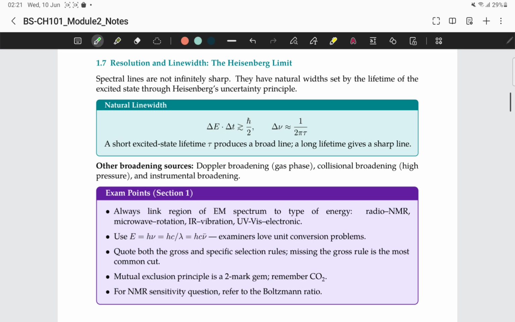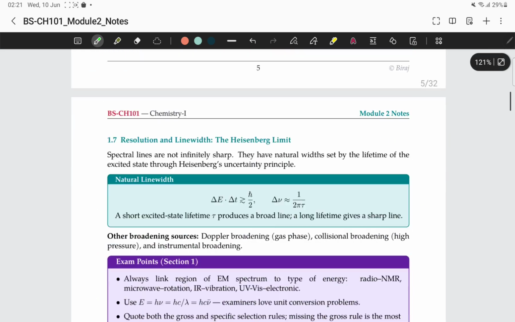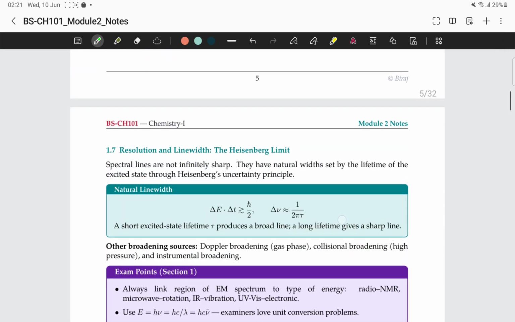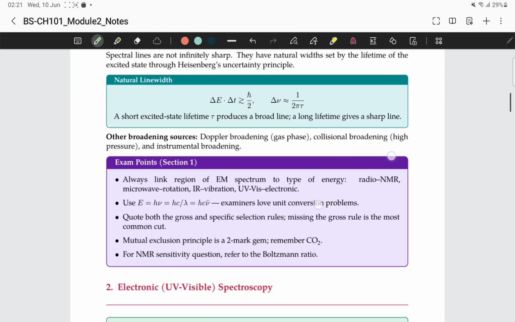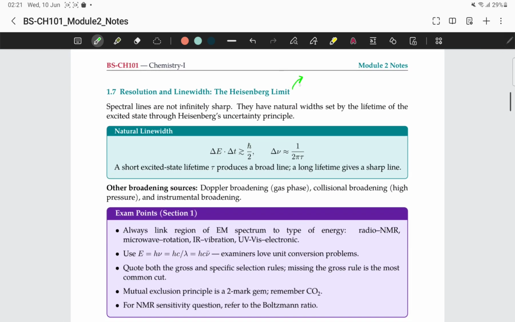If you want, I can write it here for you so you don't have to fear the notes. I'm writing that if the excited state has a very short lifespan, then it has a broad line.